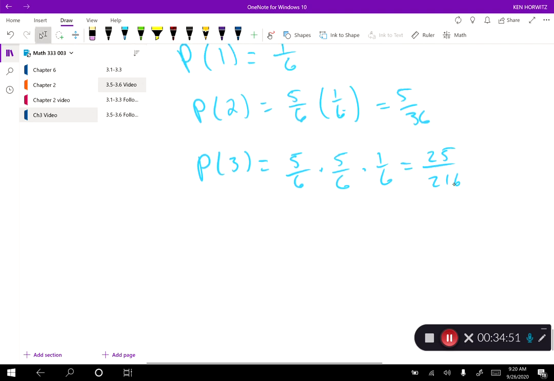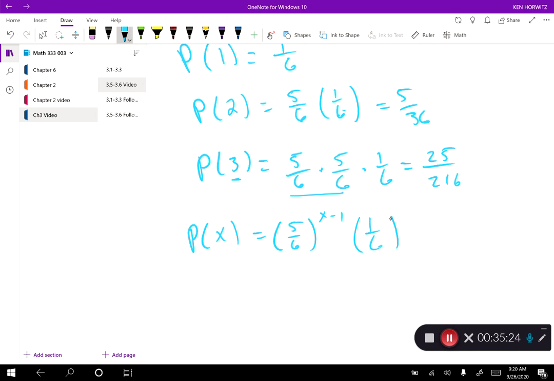Now we start seeing a pattern, so we try to generalize. If I wanted the probability of rolling a 4 on the X roll, notice that if it's on the third roll, I have 2 failures. So I'm going to go 5/6 on failure, but I want X minus 1 times, because that's how many times I failed. 1/6 would be my success.